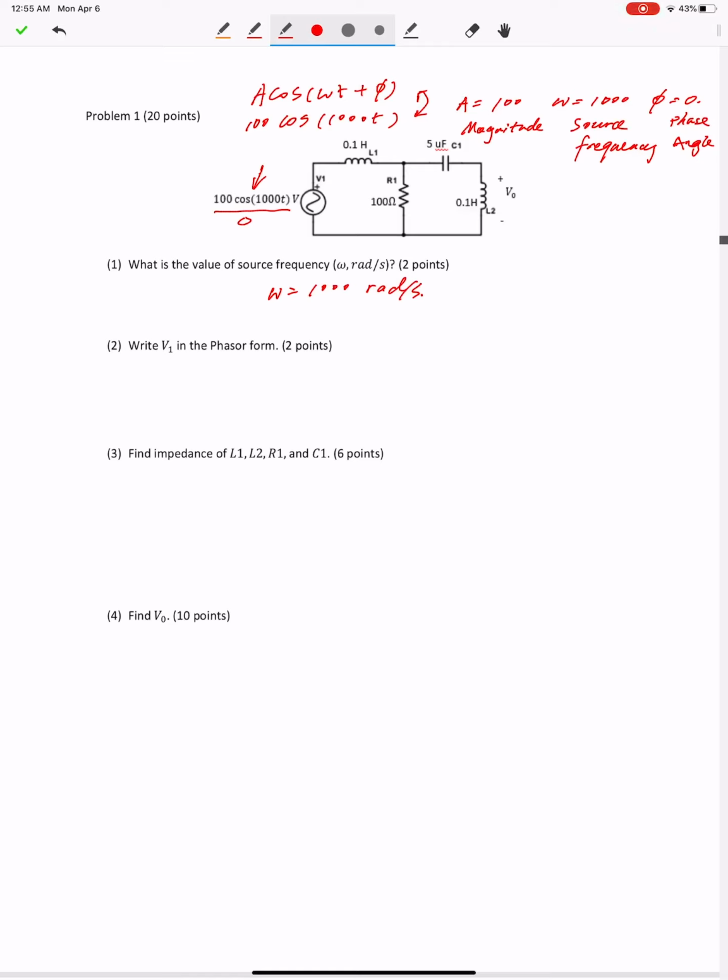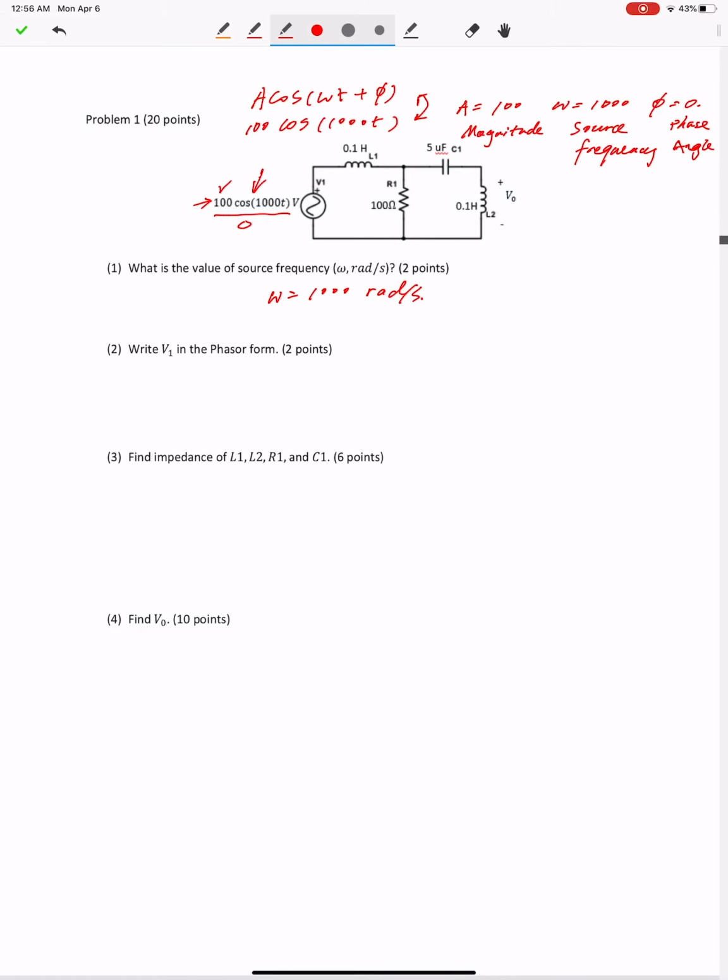This expression is a time domain function, right? And in chapter 4, we mentioned so many times how to find the phasor form of a cosine function or a time domain function. We just need to pick the magnitude and the phase angle information. For this expression, we don't have a phase angle, so the phase angle equals 0.